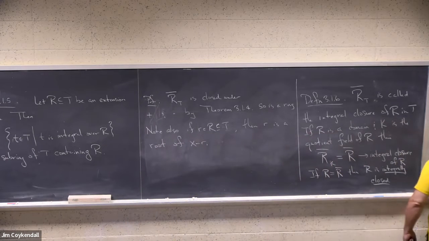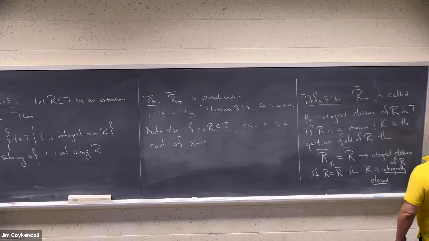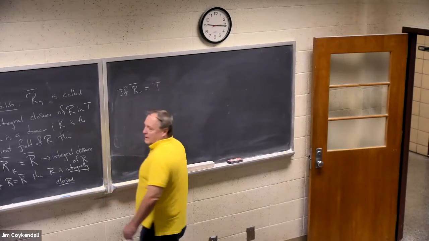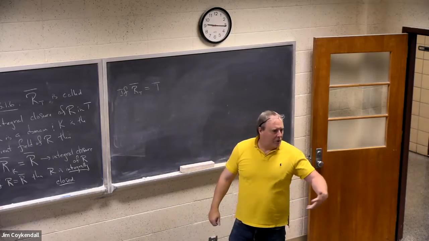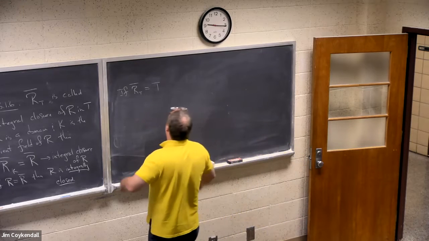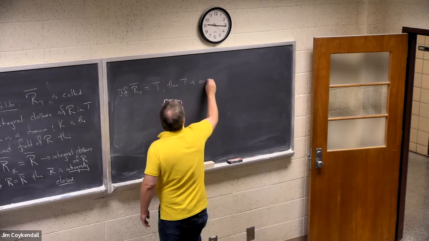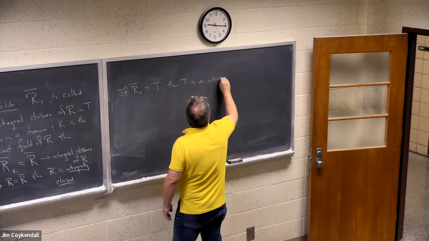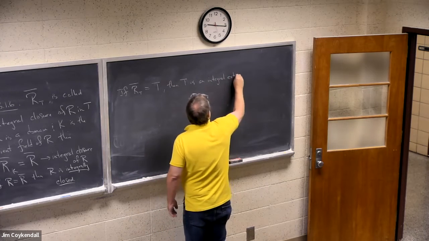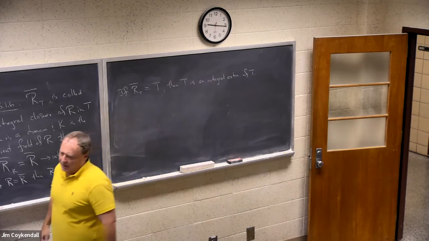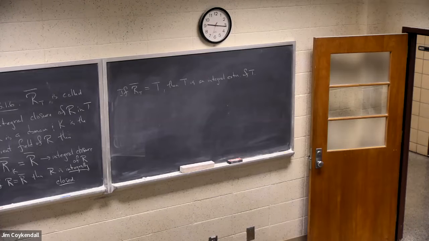So I can put that in terms of notation: if everything in T is already integral over R, then T is an integral extension. Now, at this point, I think it would probably behoove me to do some examples.